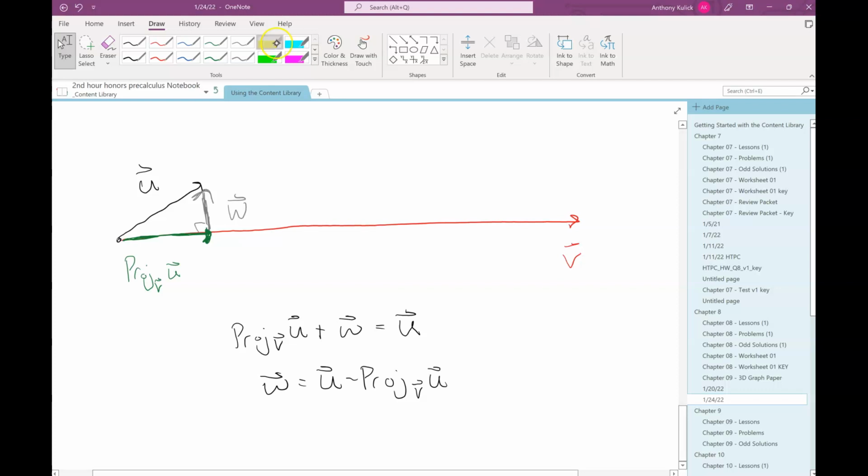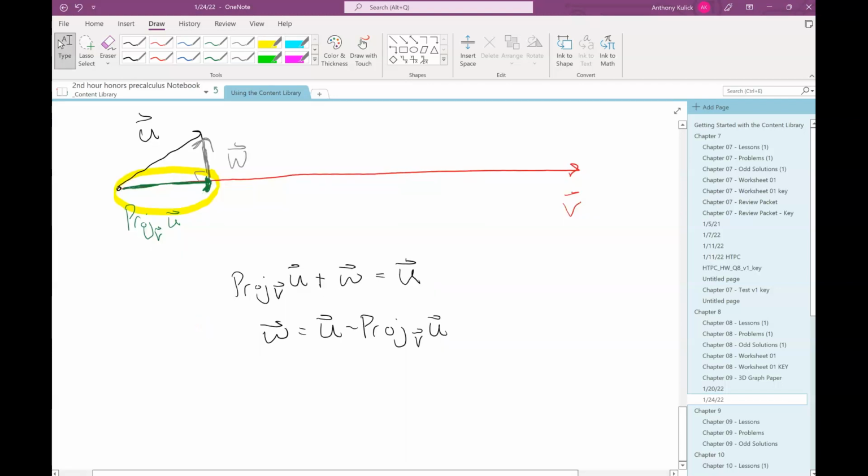So, what is this projection of U onto V really representing? It's basically describing how much of vector U is applied in the same direction as vector V. Now, this is an important concept specifically in physics, right?